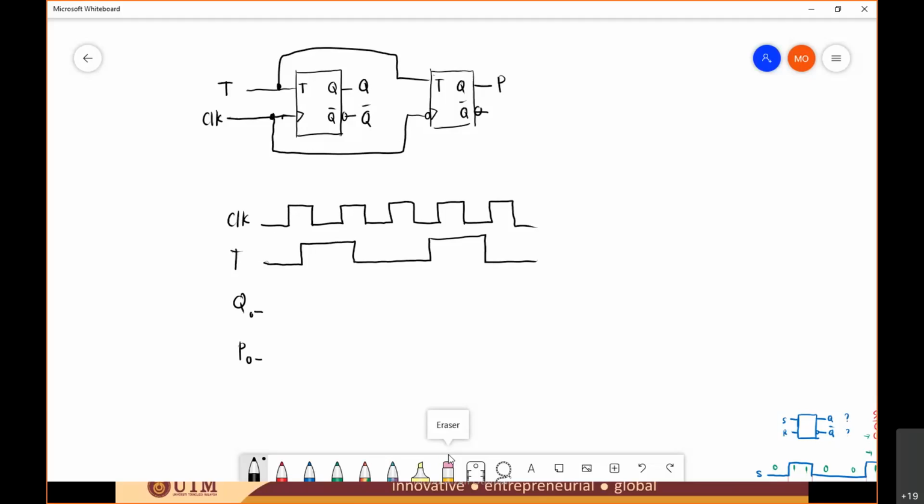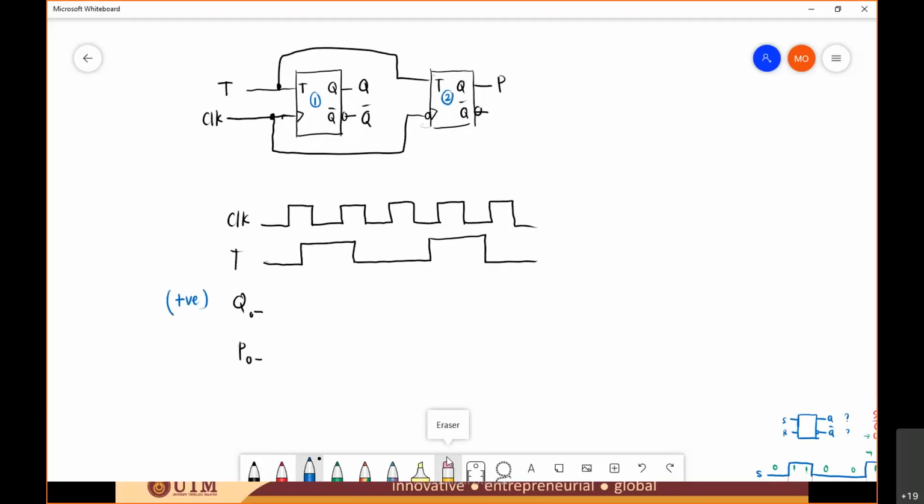So how do we do it? What are you going to do? Okay, first we have to identify. You have a T flip-flop. Both circuits have a T flip-flop. The first T flip-flop here is a positive edge. So you know that this is a positive edge. And the second one is negative edge. Why negative edge?